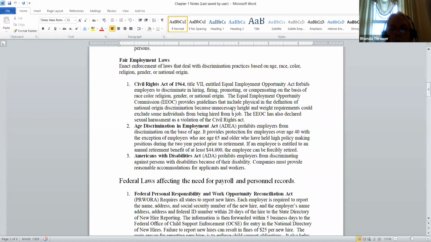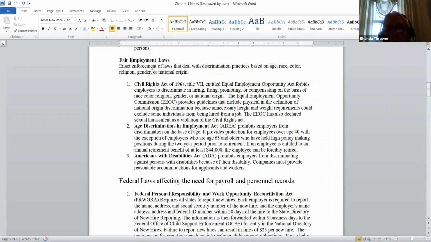Also, something that falls underneath this act is that the EEOC, or the Equal Employment Opportunity Commission, has declared sexual harassment as a violation of the Civil Rights Act. So basically, the Civil Rights Act, as you all are probably already familiar with, forbids employers to discriminate in hiring and firing and promoting or compensating on the basis of race, color, religion, gender, or national origin.